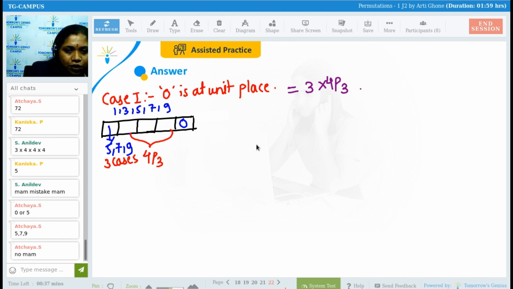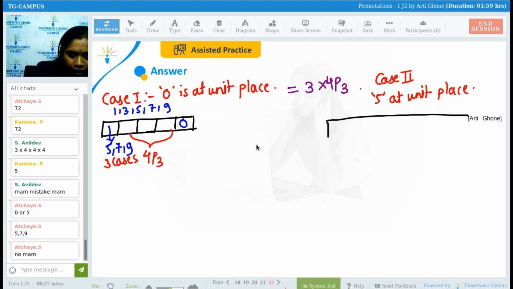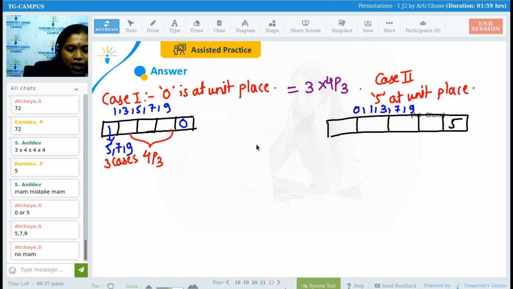Now this is done for 0 at unit place. Now case 2. We are keeping 5 at unit place. So if I keep 5 at unit place, what will be the answer? 5 is fixed over here. Okay. So what are the digits left with us? 0, 1, 3, 7, 9. Clear?